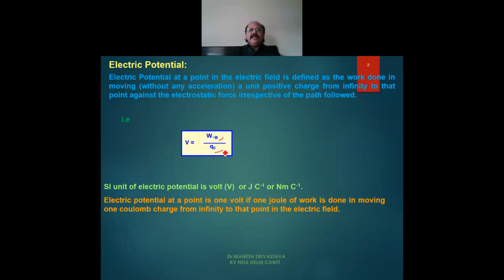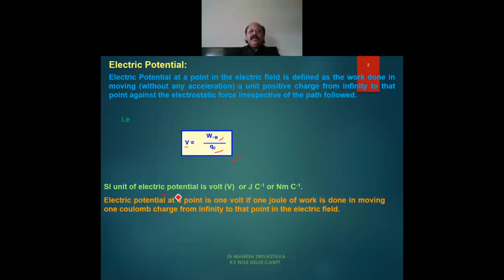Then we can say that electric potential is equal to the amount of work done for bringing unit positive test charge Q naught from infinite to a point B in an electric field. That is, electric potential is represented by capital V, then capital V equals W infinite B upon Q naught. So this is the mathematical expression.